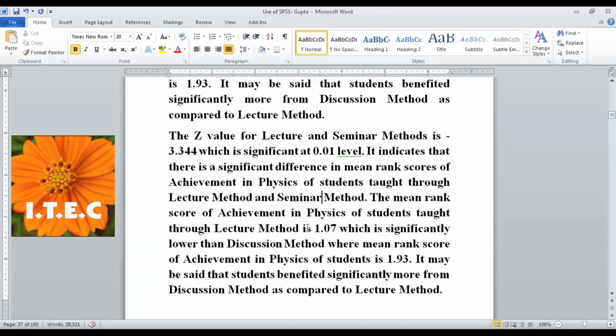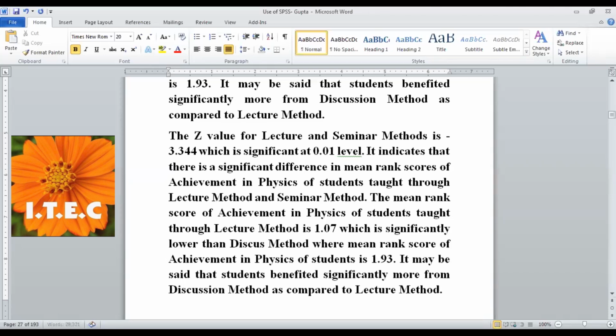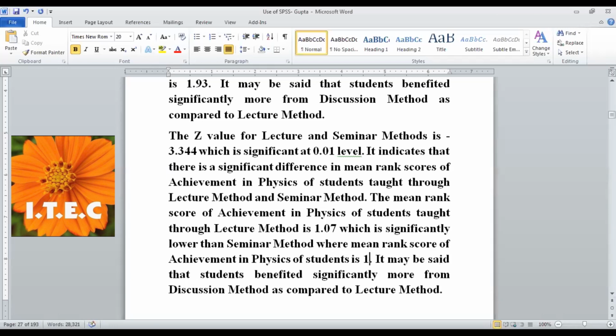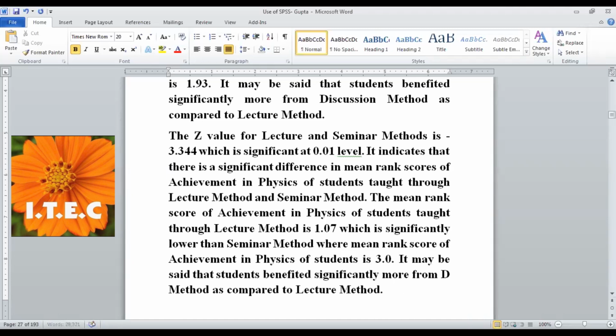The mean rank score of students taught through lecture method is significantly lower than the seminar method, where the mean rank is 3.0. It may be said that the students benefited significantly more from the seminar method as compared to lecture method.